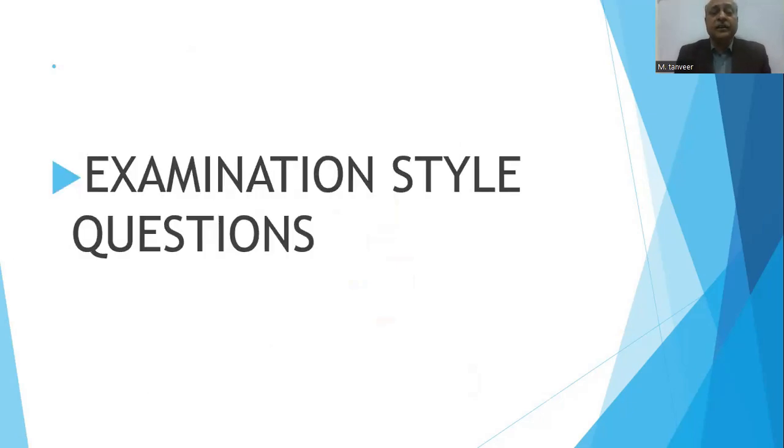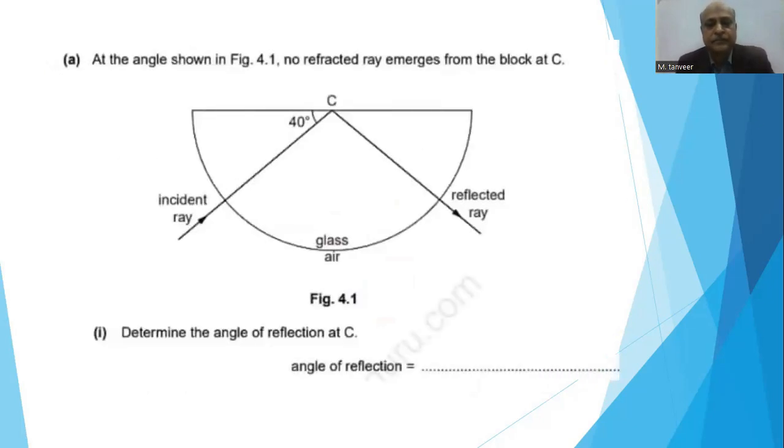Now we will practice examination style questions. Question number 1. At the angle shown in the figure, no refracted ray emerged from block C. This is the incident ray and this is the reflected ray.